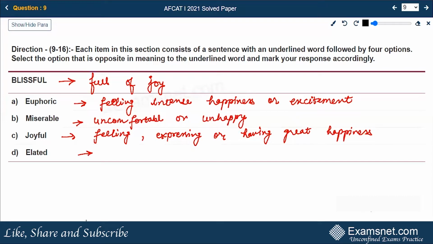Elated means ecstatically happy. So from here, you can clearly see the word which is the antonym of blissful is miserable. They have different meanings. They are antonyms, and hence option B is our answer.